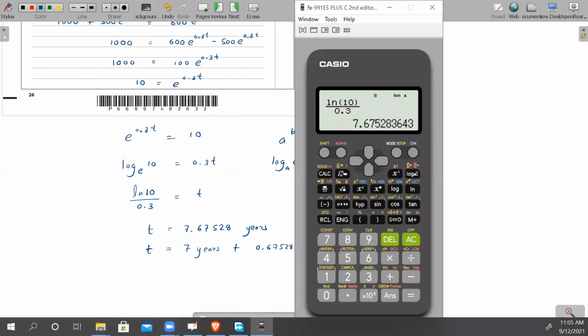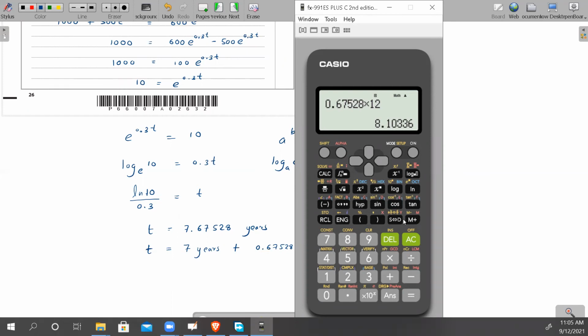So I take 0.67528 parts of a year and multiply it by 12, because a year has 12 months, and it gives us 8.1 months.